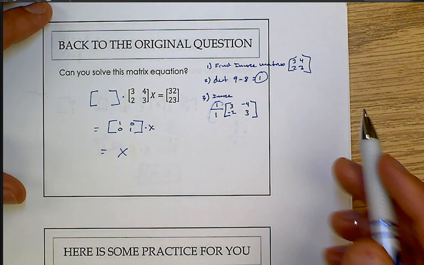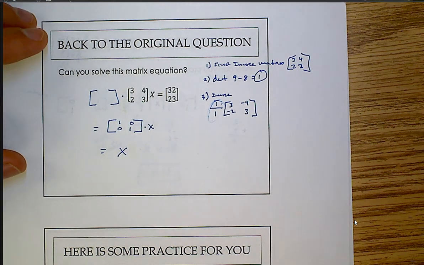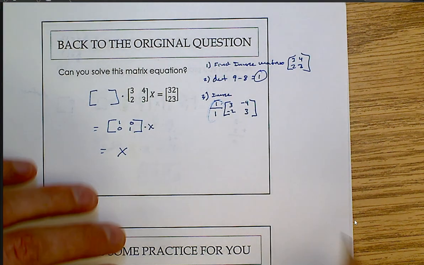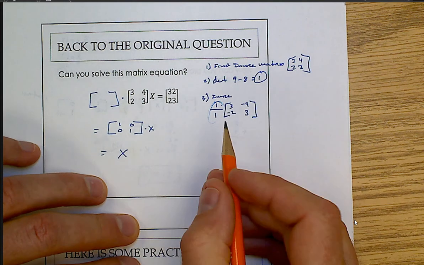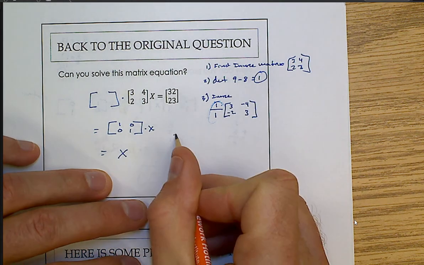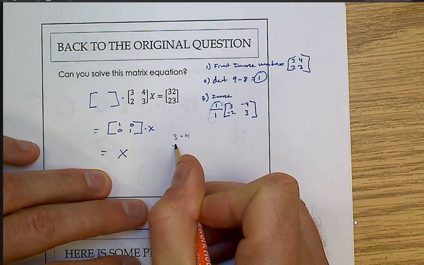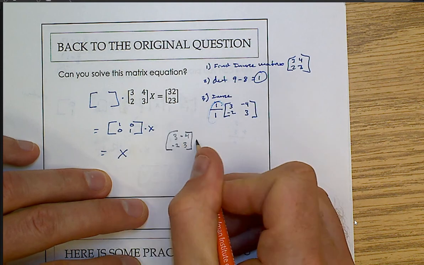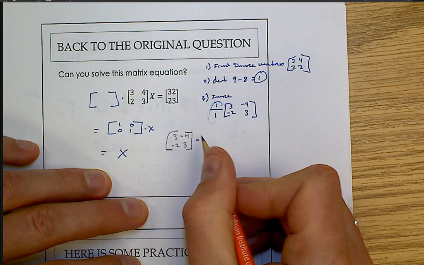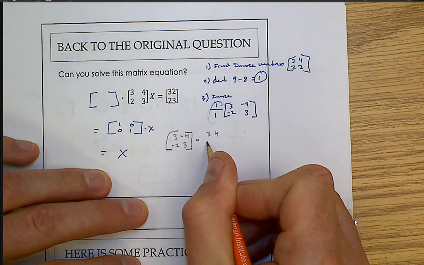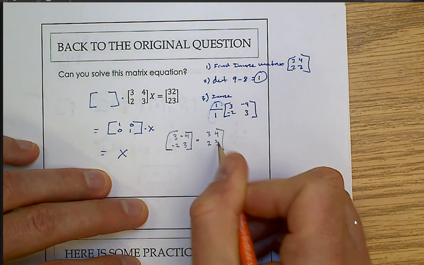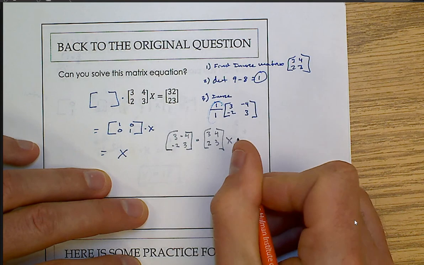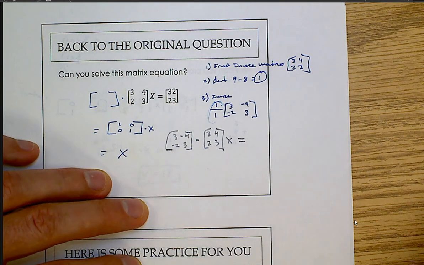So I'm going to do this in black pen here. Actually, I'll do it in pencil since I have my pencil right here. So here's how this is going to work. [3, -4; -2, 3] times my original matrix, [3, 4; 2, 3], equals x. Now, I'm going to highlight this one, okay?